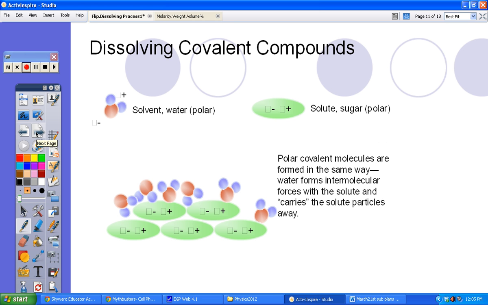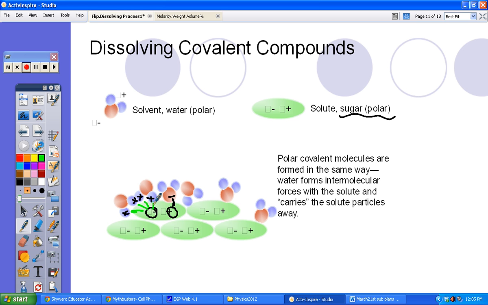Now when we go to something like sugar, sugar is still polar, it still has some oxygens in it, so it's going to have a little electronegativity difference. So the same thing happens. We have positive ends of water molecules down here attracted to this negative end, and the negative end of water molecules here attracted to this positive end. There's some interaction here, and then there's some interaction between these guys here.